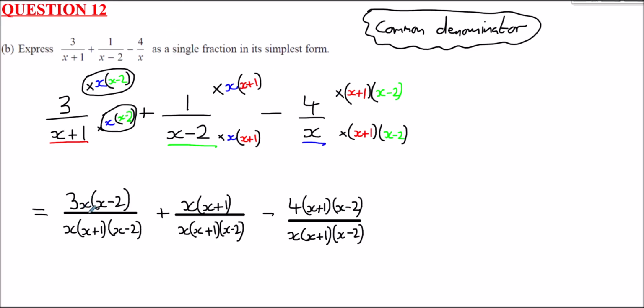Now we want this in its simplest form, so what we need to aim for here is to see if we can expand these out and simplify them down a bit. So first of all, can we expand all this out? Well, we can, yes. 3x times x gives us 3x squared.